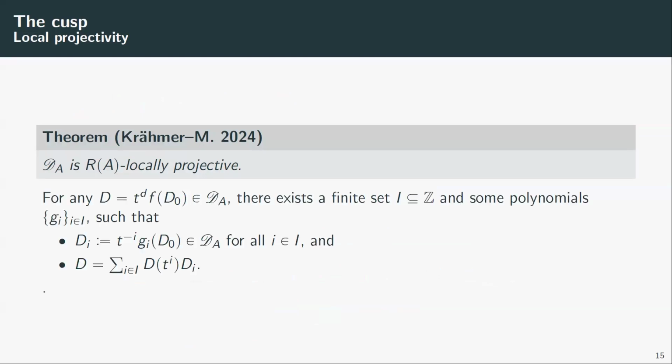With our description, it is about statements about polynomials: given a D in dA, I can always find some suitable polynomials g_i such that I can write D as the linear combination of t to the d_i times g_i. And with local projectivity, we have the Hopf algebroid structure.